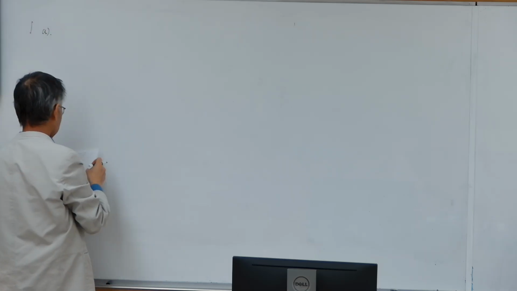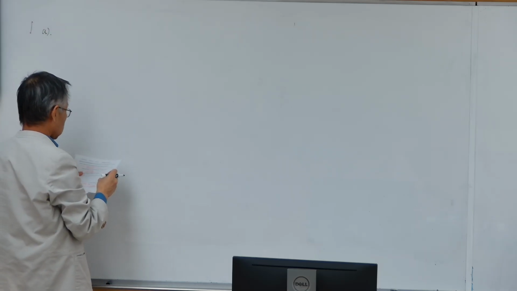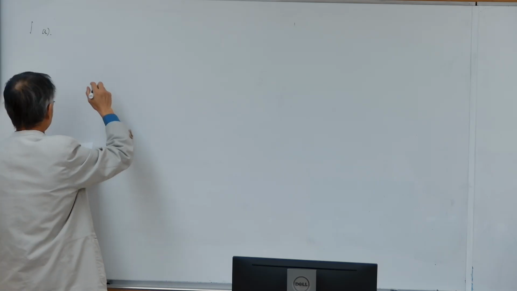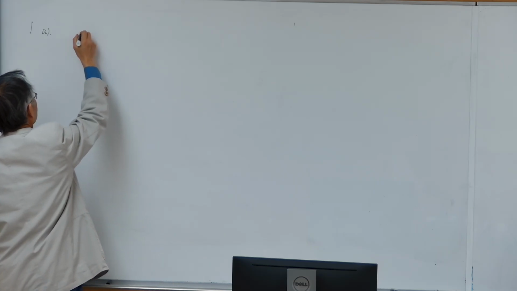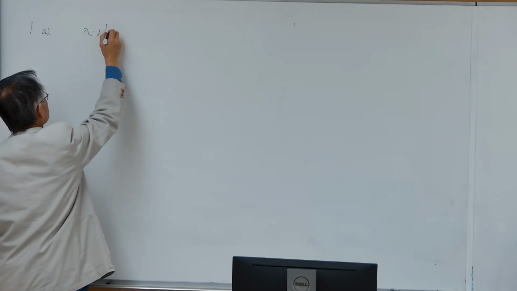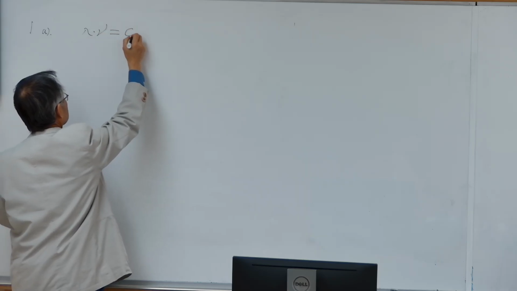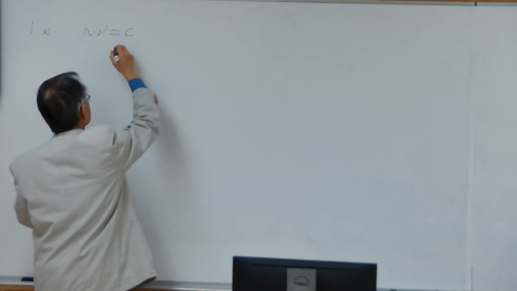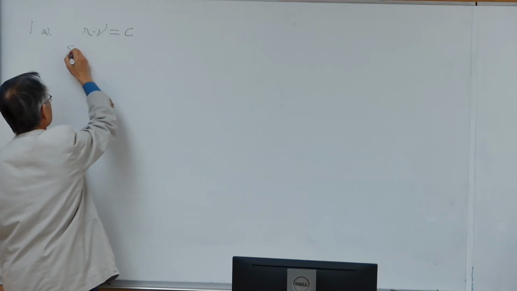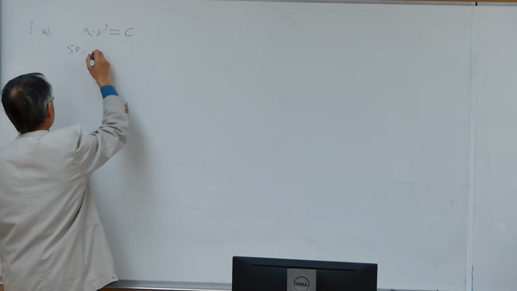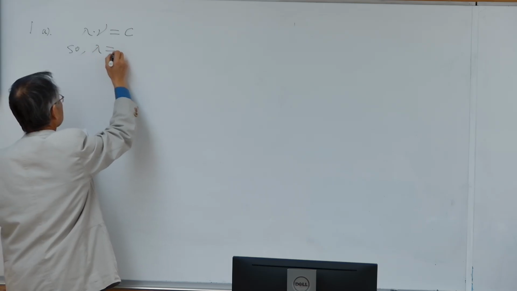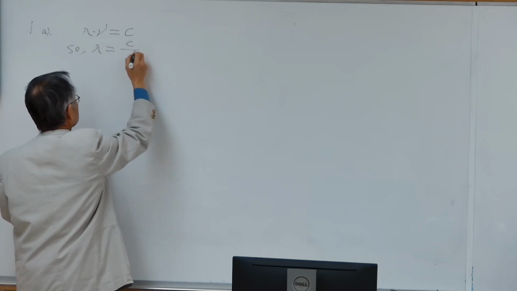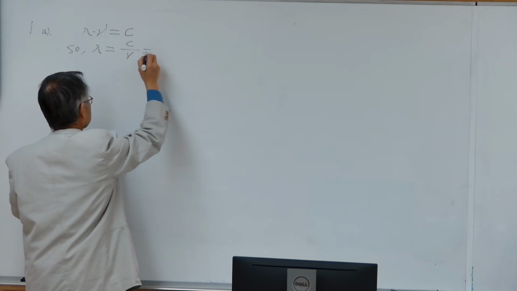A, tell us frequency. Ask you wavelength. So we know wavelength times frequency equals light speed. So wavelength lambda equals light speed c divided by frequency.